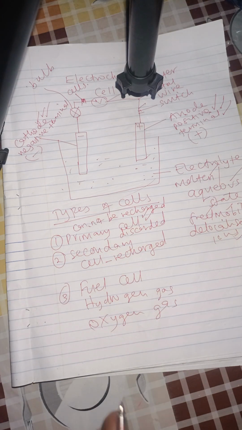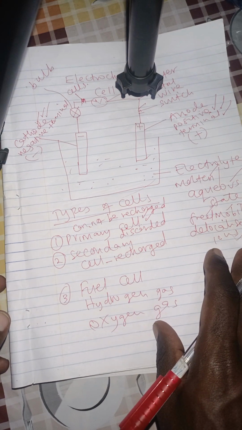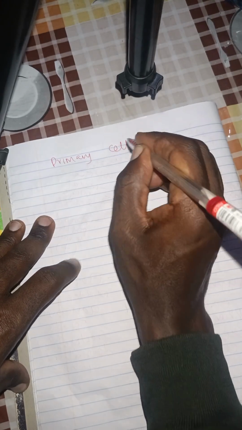So let's take ourselves to what we are supposed to discuss today. And whatever we want to cover in today's class is this primary cell. And to begin with, I've told you that this primary cell cannot be recharged.